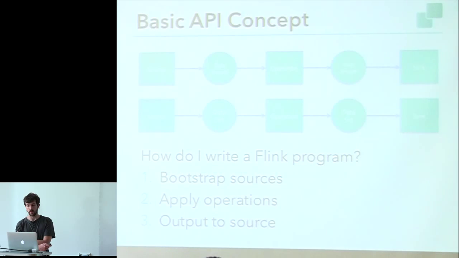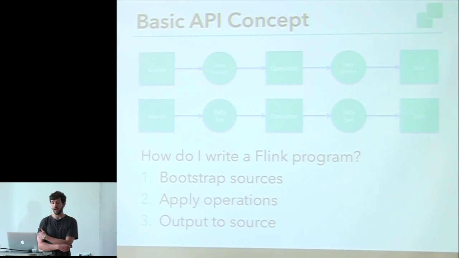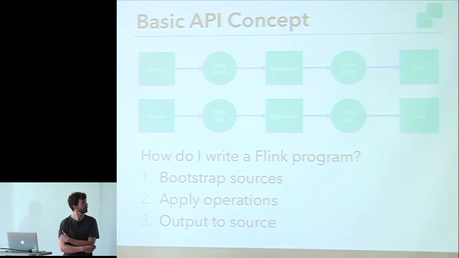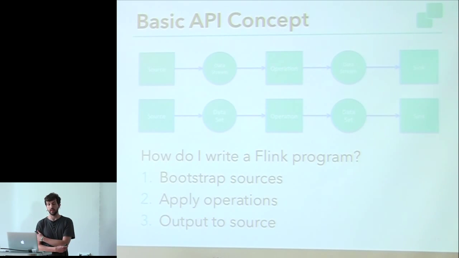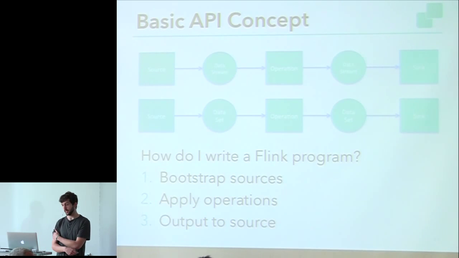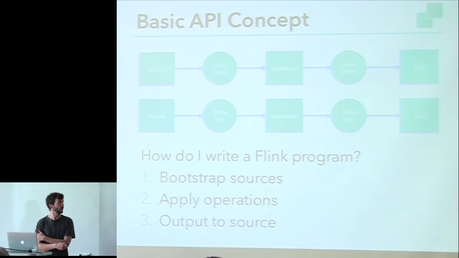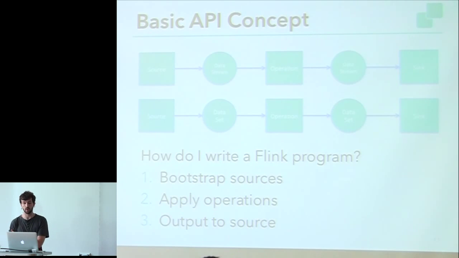We have very convenient APIs, and they're all based around the basic concept of bootstrapping from a source, a data stream or a data set, and then applying various operations like a map, reduce, or a join, and these lead you to a data set or data stream. Once you output your data to a sink, you have a complete Flink program. So it's basically these 3 steps.